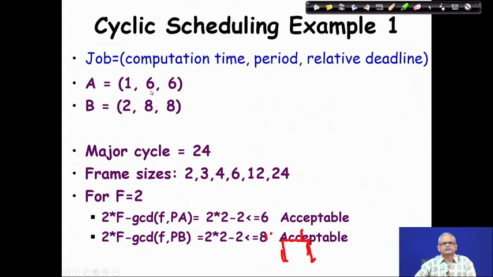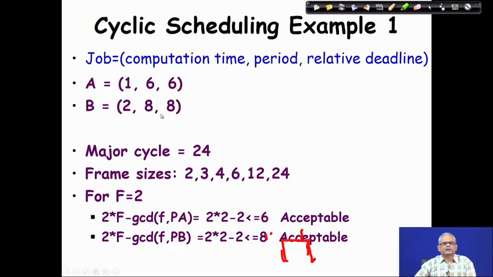So, it repeats after every 6 time units, and before it repeats, before the next instance comes, the first instance must have been over. That is the implication of the relative deadline. The second task B, execution time is 2, the period and deadline are both 8.